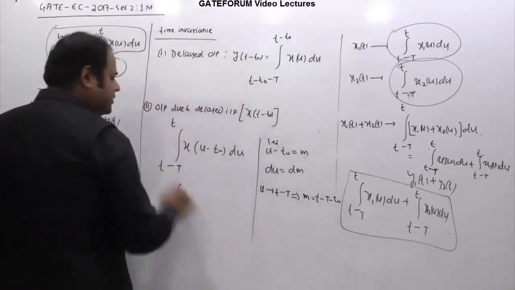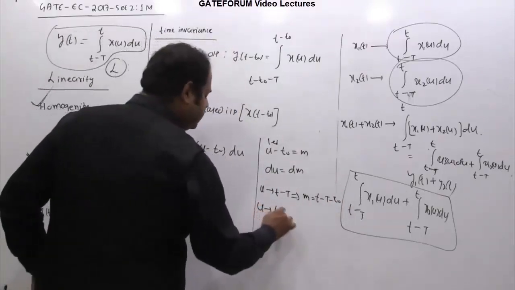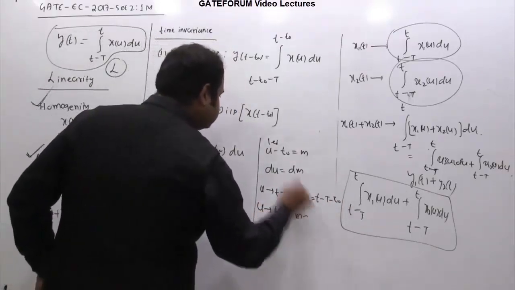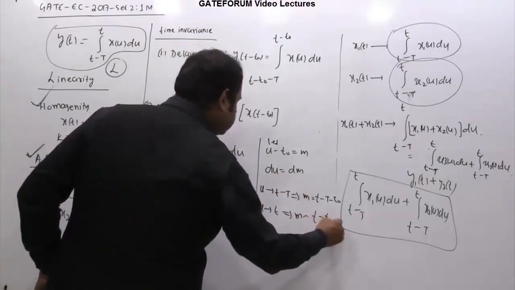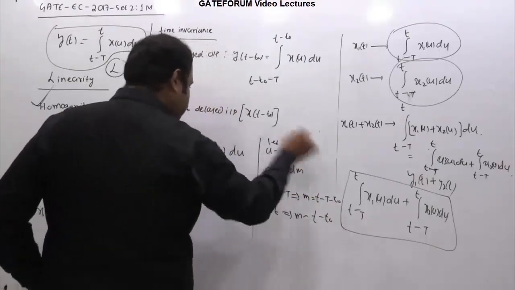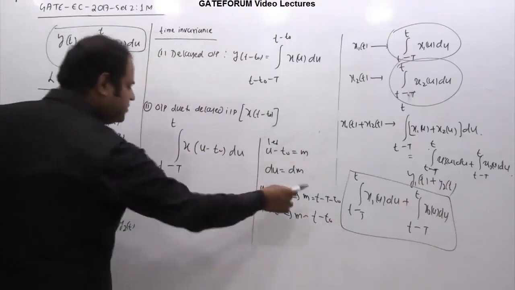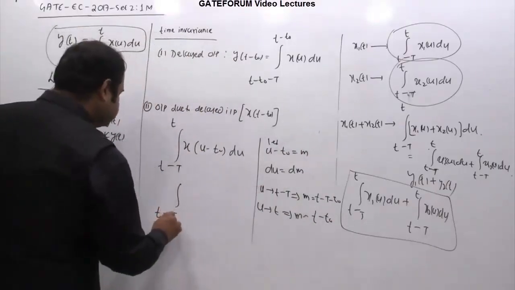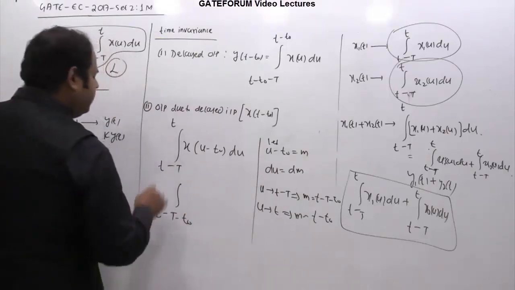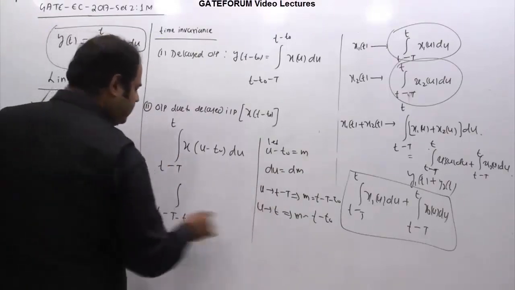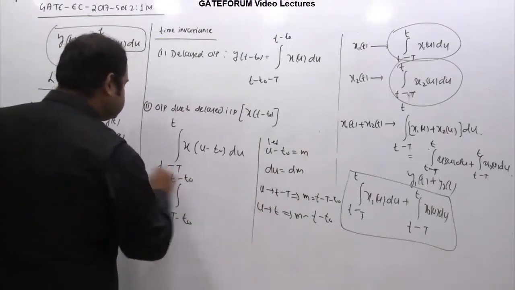And the upper limit of u is t. When u becomes t, then this value of m is nothing but t minus t naught. So let us substitute all these in these equations. When u becomes t minus t, m becomes t minus t naught. When u becomes t, then m becomes t minus t naught.